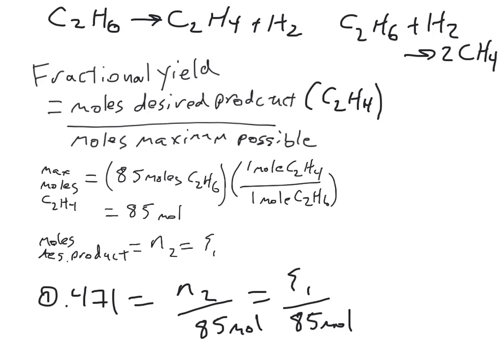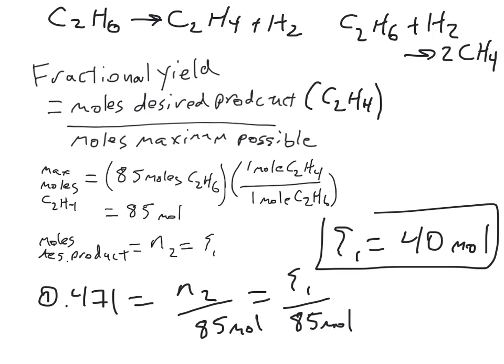So we have this fractional yield equation, and this gives us a key bit of information, because now we can go ahead and solve for extent 1. So we have 0.471, 85 here. We can just take 85, multiply it by 0.471, bring this up over here to get our extent 1, and the extent 1 turns out to be 40 moles.